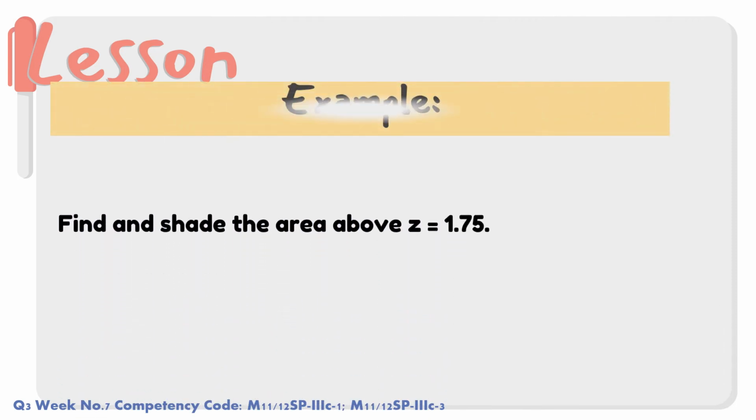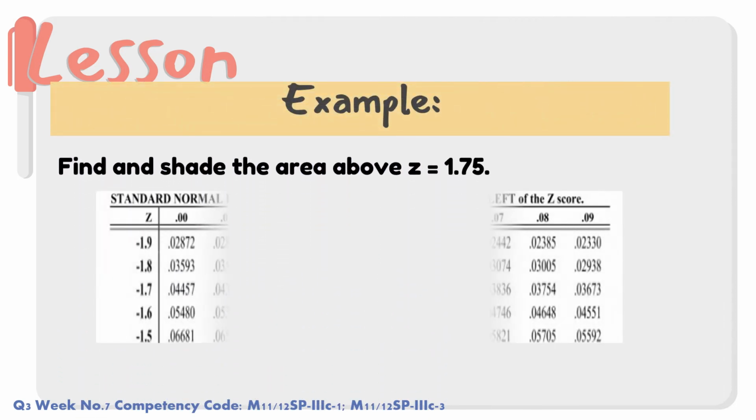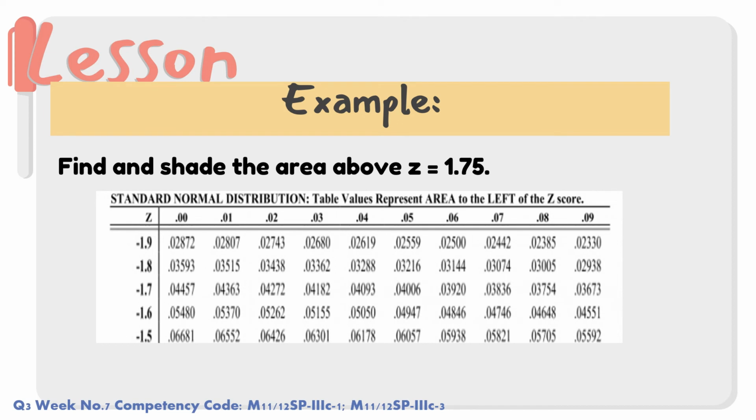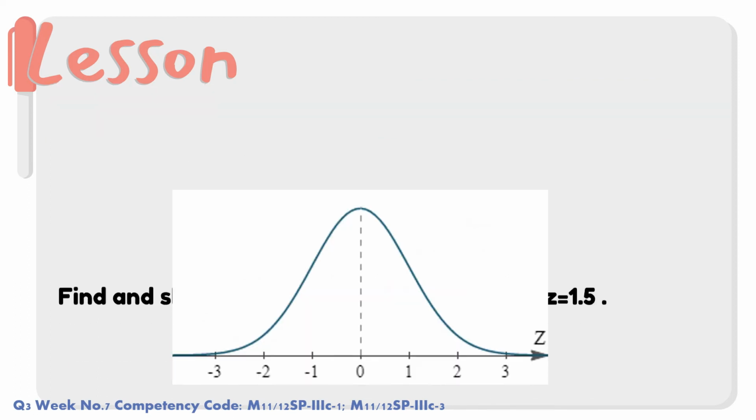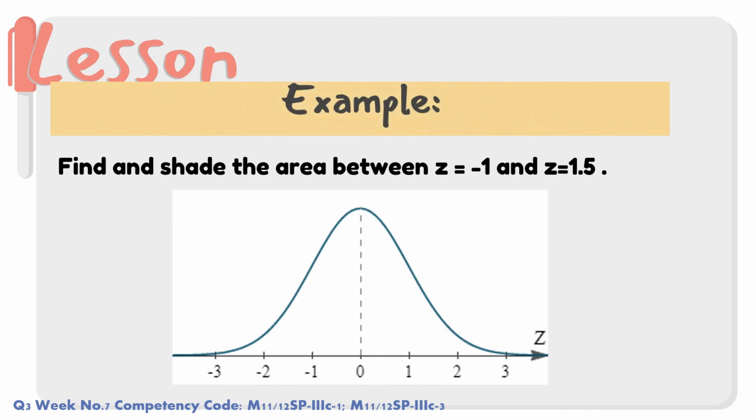Since the shaded region is less than the half, we will use the z table with negative z values. Locate first the 1 and 7/10 on the first column, then 0.05 on the first row. Okay, then the intersection will be the area, and that is 0.0401.